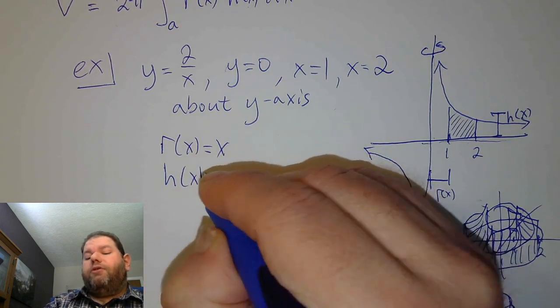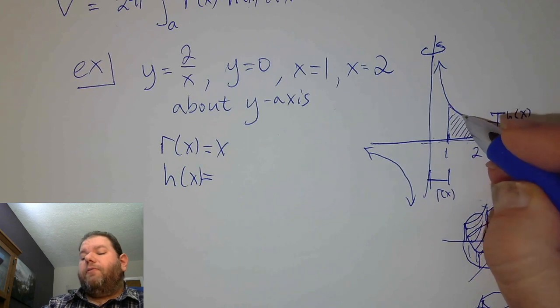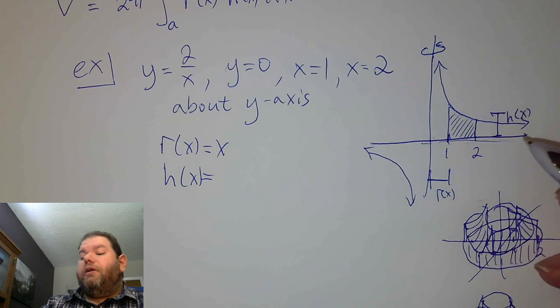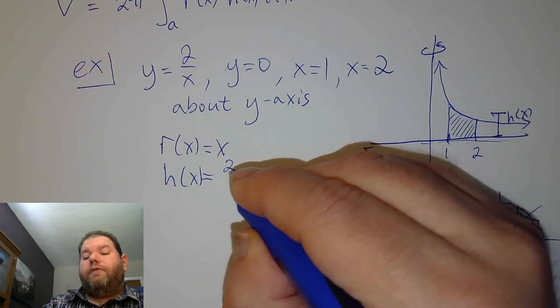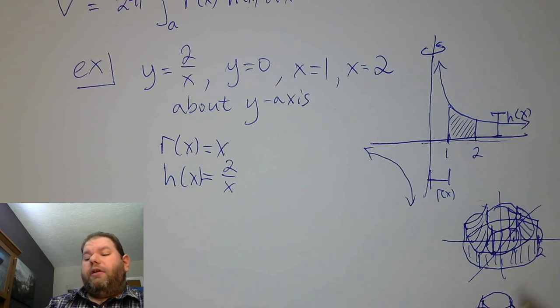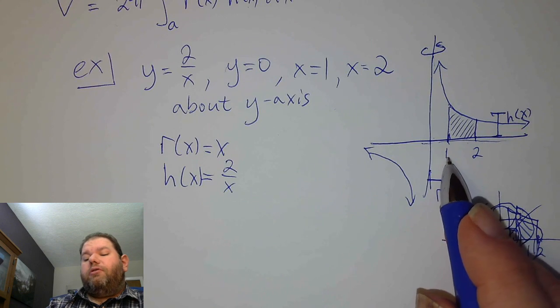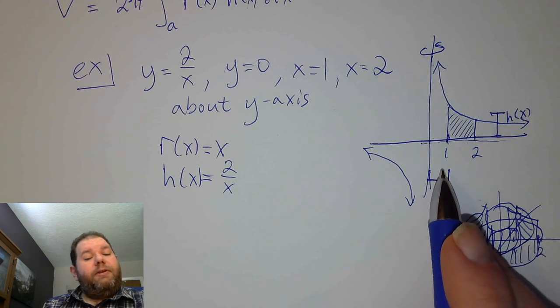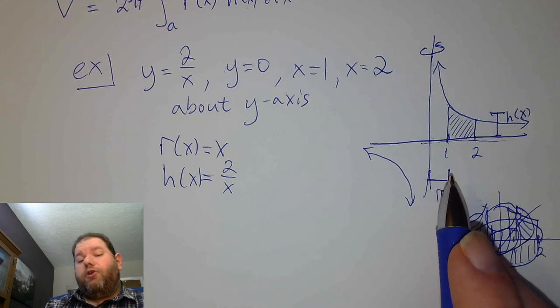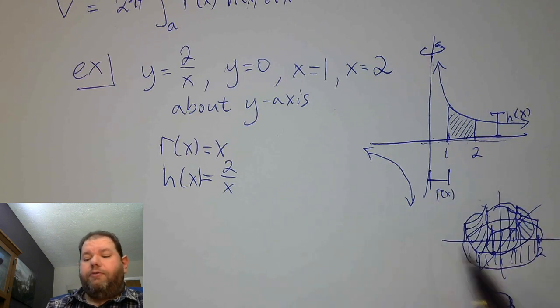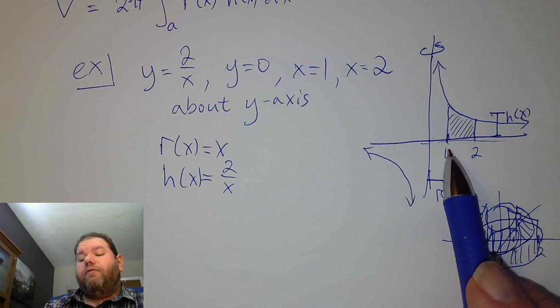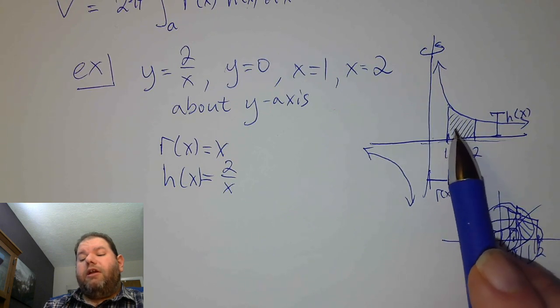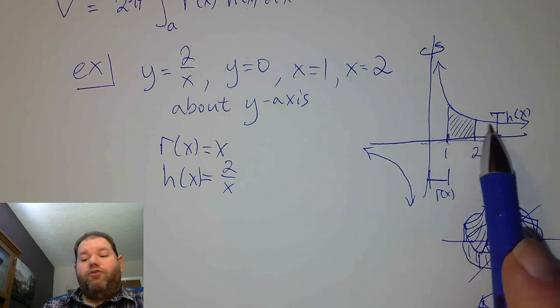For our height function, that is the function that forms the top edge here, we have y equals 2 over x, or h of x equals 2 over x. And our limits of integration, this is where it's fundamentally different from the disk or washer method from section 7.2. For the shell method, we only choose the values of x that the shaded area exists between.